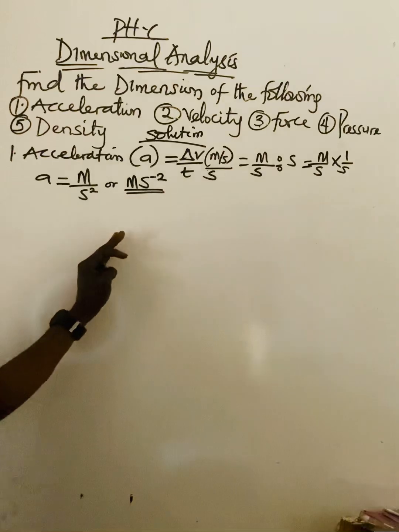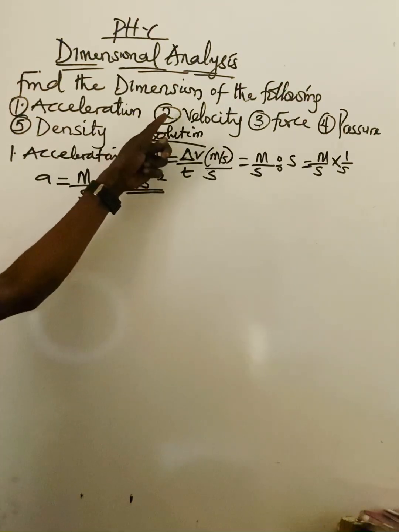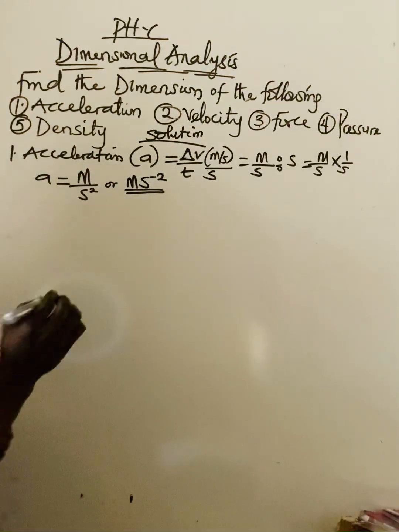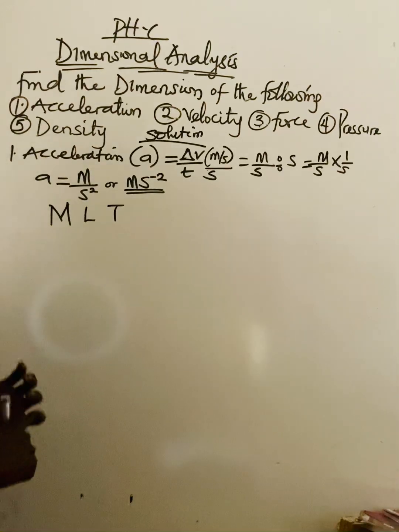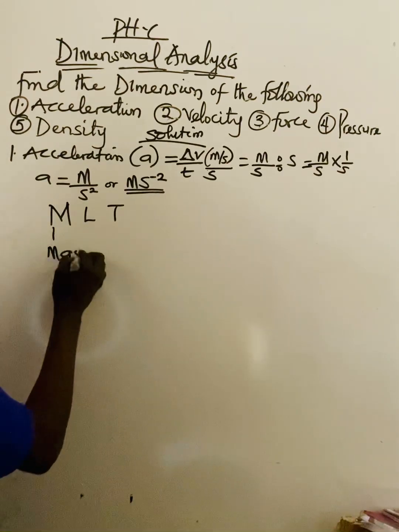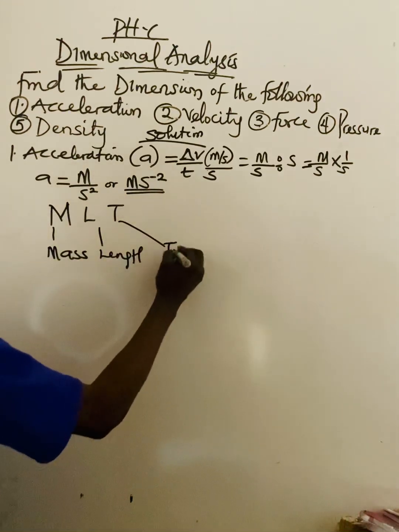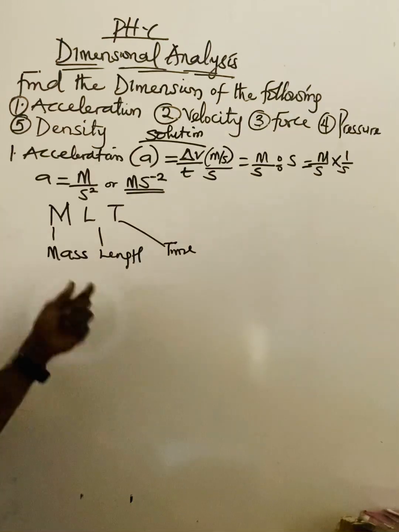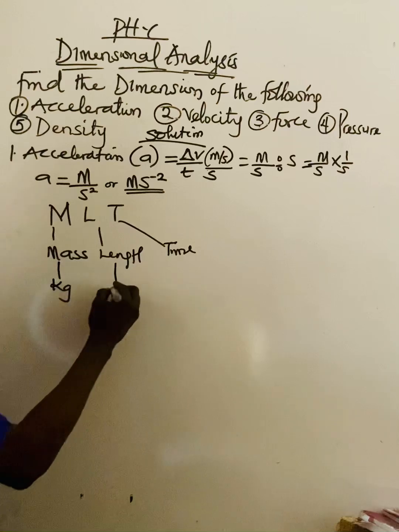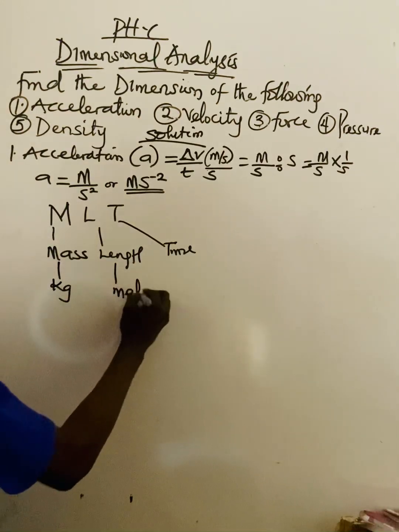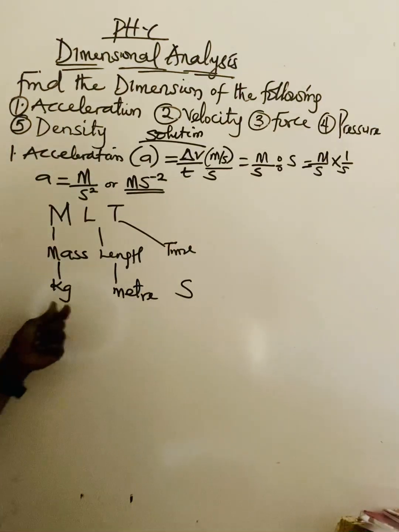Looking at this now, if we want to solve dimension, we have to consider what we call MLT. M represents mass, L represents length, and T represents time.